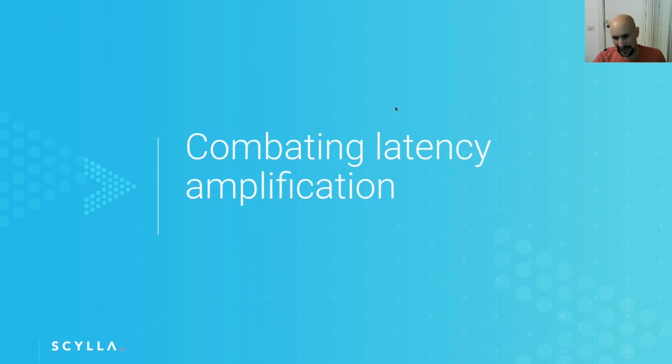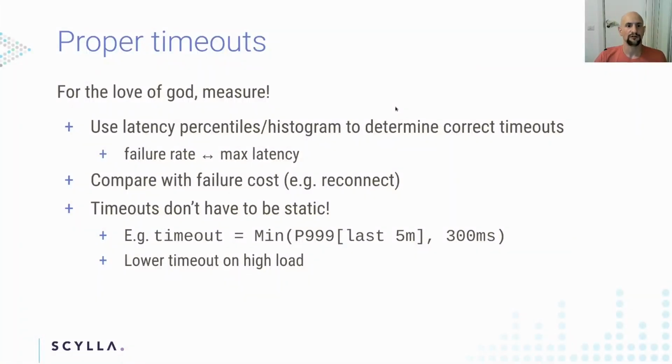So how do we combat latency amplification now that we understand the problem? First thing that we can do is proper timeouts. How do we have proper timeouts? Just measure. Chart your latency distribution, either using percentiles or histogram, and determine the correct timeouts using that.